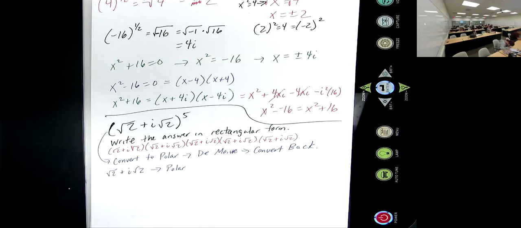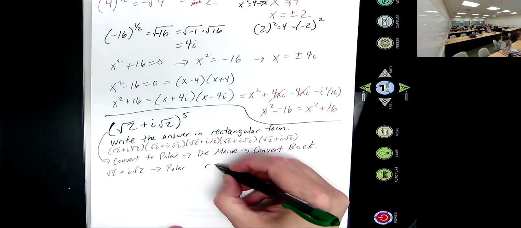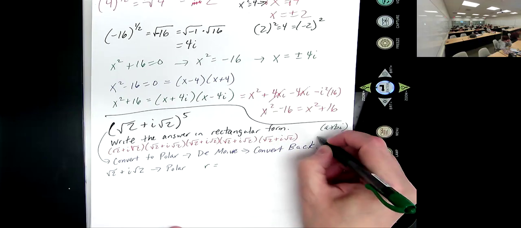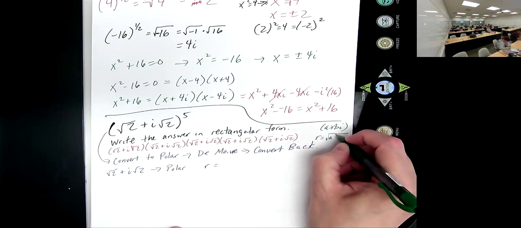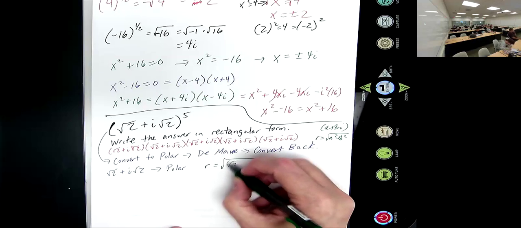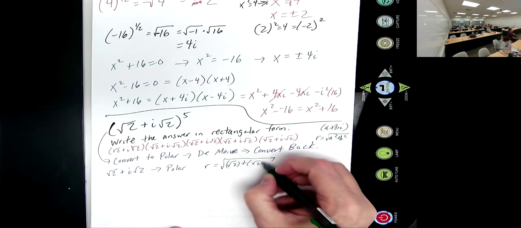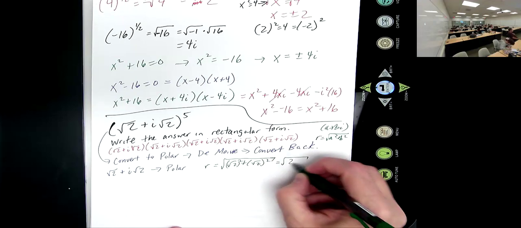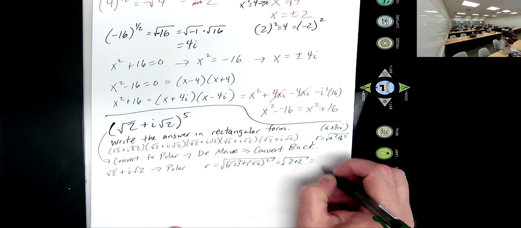We've got r equals the square root of, well, remember if we have a plus bi, r is the square root of a squared plus b squared, and we're gonna apply that here. r is the square root of root 2 squared plus root 2 squared, which is the square root of 2 plus 2, the square root of 4, which is 2.